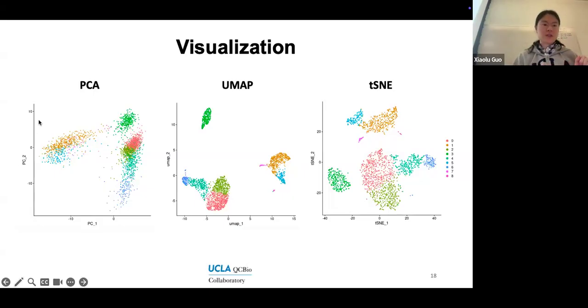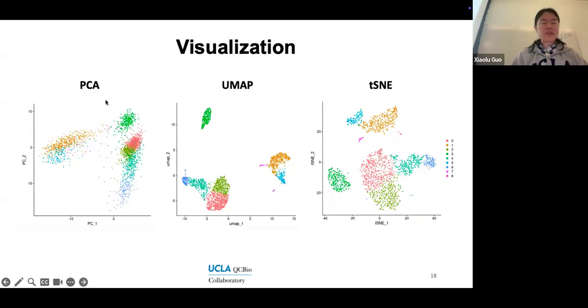So PCA doesn't change anything, we just change the angles of the coordinate system of the data. So PCA preserves the original distance or similarities between cells.